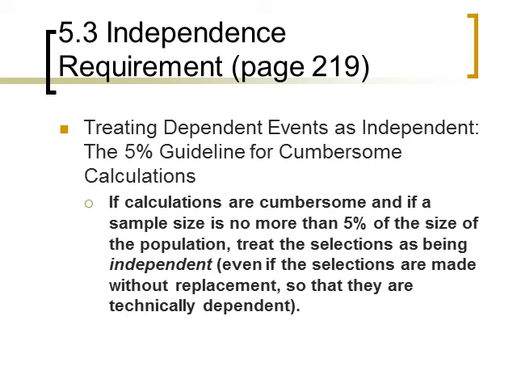And let's say that you have 100 different events taking place or 100 different selections where you have to keep changing your denominator. And that would be a very cumbersome calculation to do by hand. So as long as the sample size is not more than 5% of the size of the population, we can go ahead and act like all of the probabilities are the same or that it's an independent event.